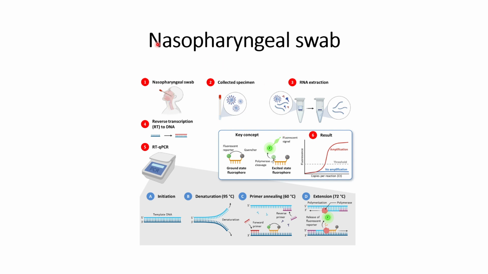And this is the strategy behind SARS-CoV-2 testing, whether a person is infected with SARS-CoV-2 or not. One strategy is known as the nasopharyngeal swab, popularly known as the swab test. Initially they take a sample from either the nose or the mouth, collect the specimen, and extract the RNA from this specimen.